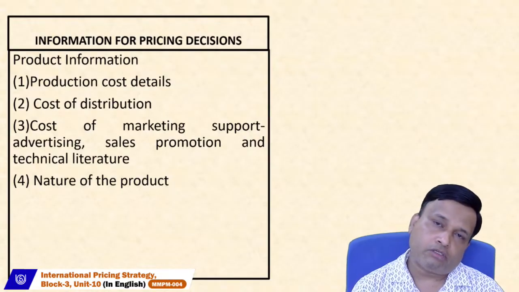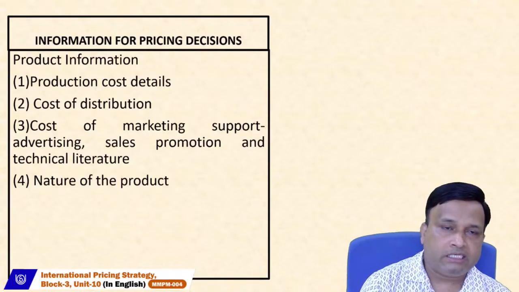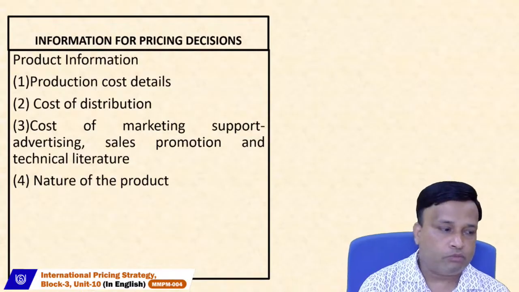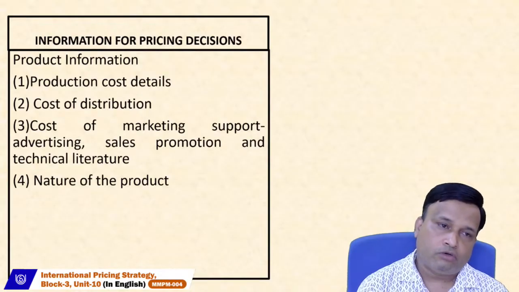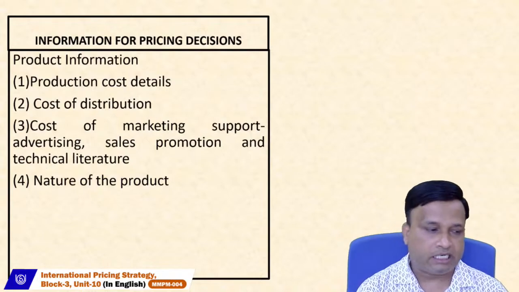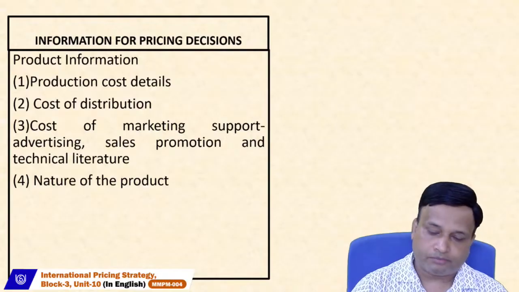If it is a high end product, the price will be different. If it is a low end product, the price will be different. So that is exactly what you have to think about when you are going for pricing decisions: what production cost is involved, what distribution cost is involved, what cost is involved as far as promotion is concerned, and the nature of the product. All that decides your pricing decisions.